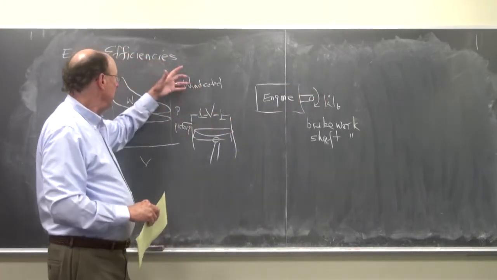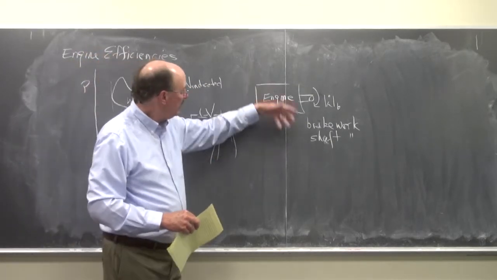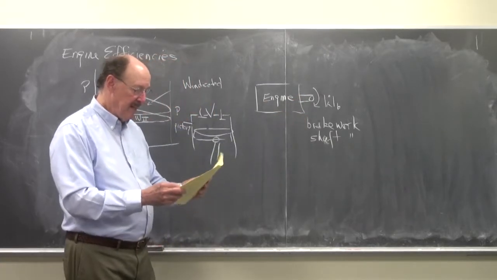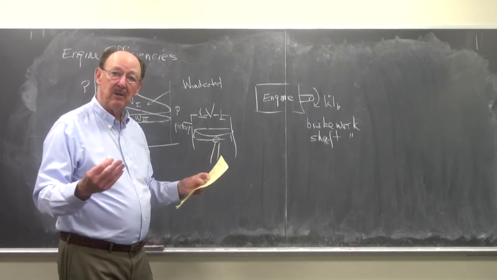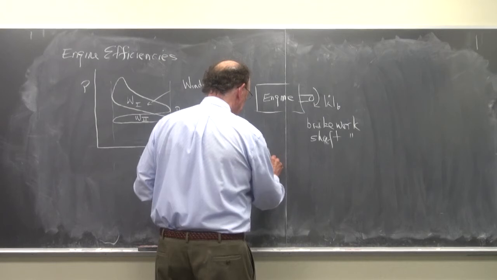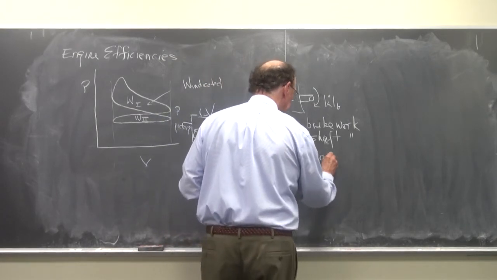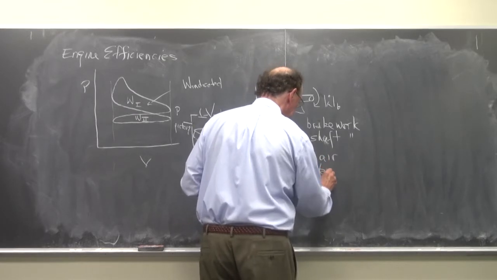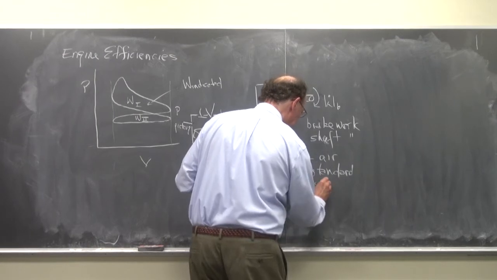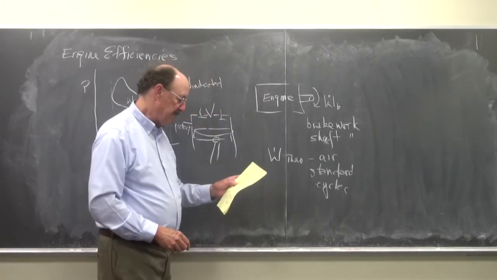So the fluid indicates it did something, it moved the piston, the engine gets some, so part of this gets converted into brake work, and then we have the theoretical work that we did with the air standard cycles. So we have W dot theoretical from air standard.